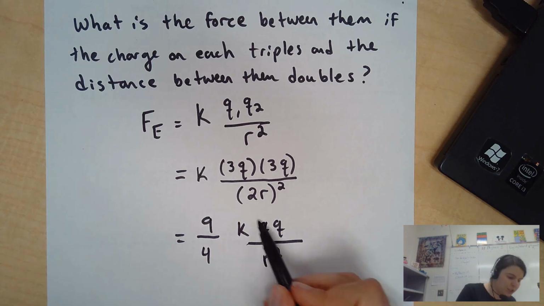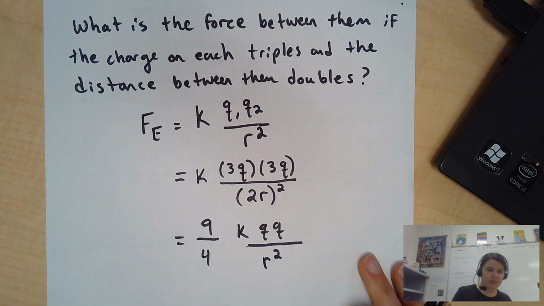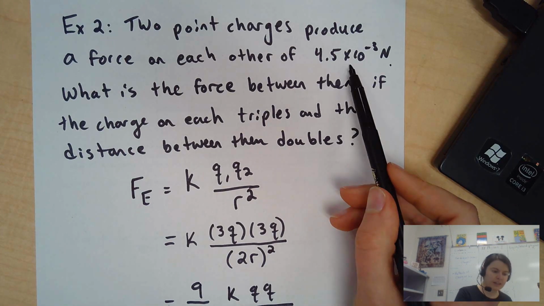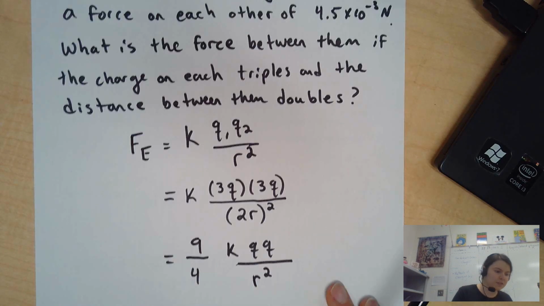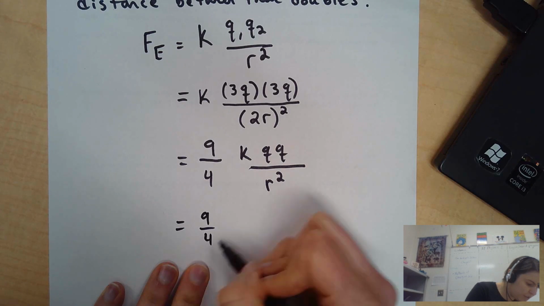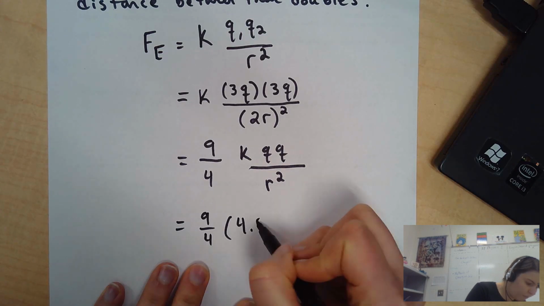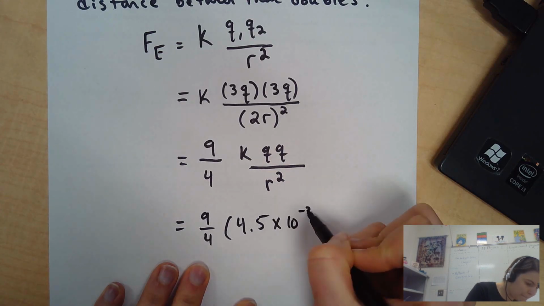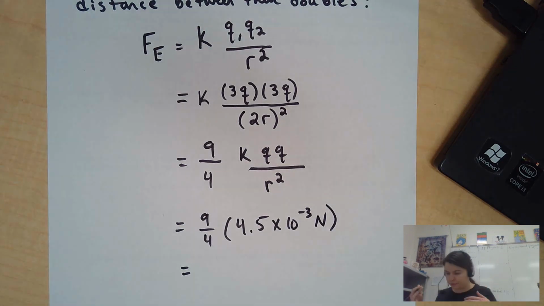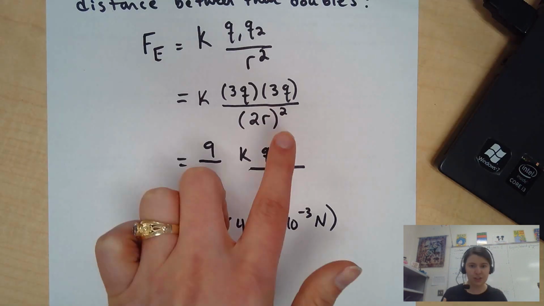So this original is just what they gave me. The original gives me 4.5 times 10 to the negative 3rd newtons. Now I'm going to multiply that by 9/4. So if I multiply that by 9/4, I should get my new force with these conditions applied.